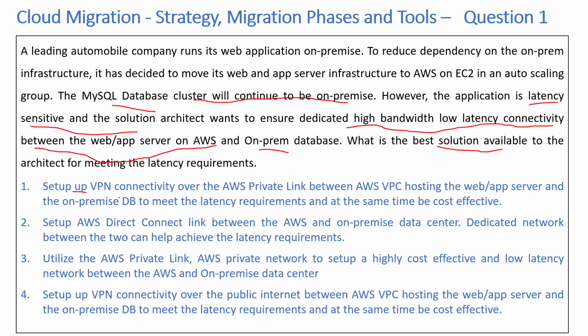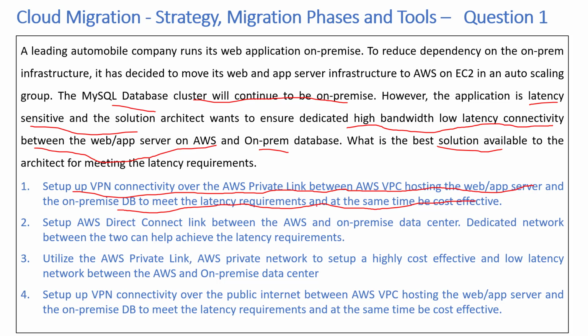So the first one is set up a VPN connectivity over the AWS private link between AWS VPC hosting the web app server and the on-premise database to meet the latency requirement, at the same time be cost effective. So what it is saying is that you establish a VPN connectivity between the on-premise and AWS. So that's a possible option.